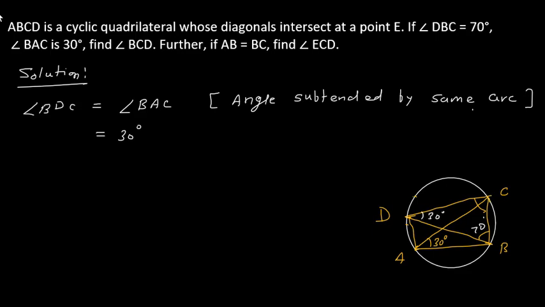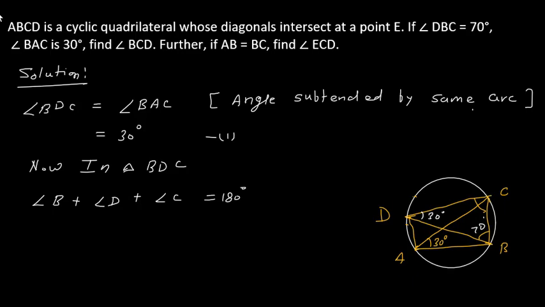Now if I take triangle BDC, you can easily work out that angle B plus angle D plus angle C, their addition is 180 degrees. So angle B is 70 degrees in this triangle, angle D is 30 degrees, angle C is not known.